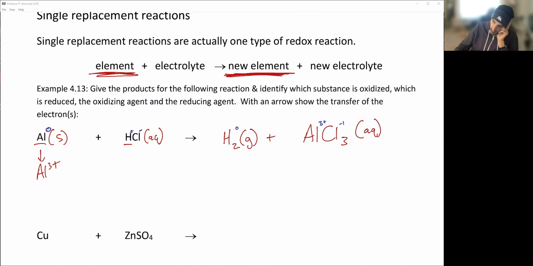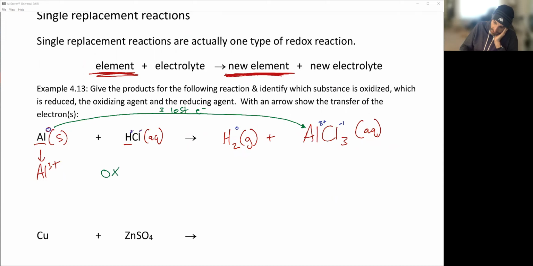So aluminum goes from Al0 to Al3+. Did it gain or lose electrons? It lost electrons. How many? 3, in fact, and we're not really going to worry too much about charge just yet. It lost 3 electrons. That means that aluminum lost electrons.